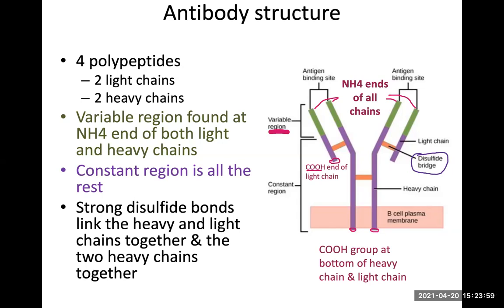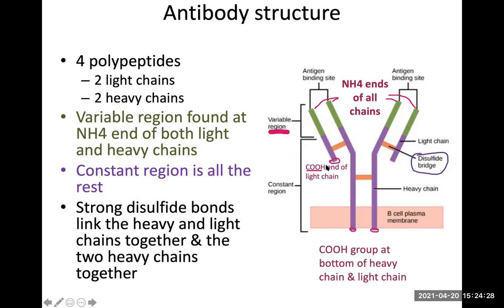Okay, the variable region is found on the tops of each light and heavy chain. And at the very end of each of those, you're going to have an NH4 group. So the NH4 end is on top with the variable regions. And then the other ends, which are constant, meaning every single antibody will have the same structure for the rest of it.